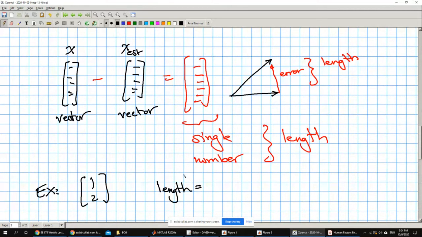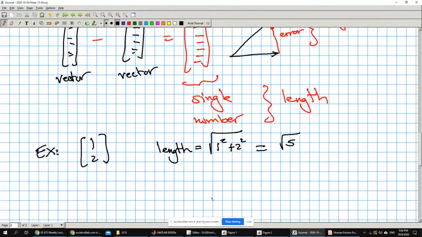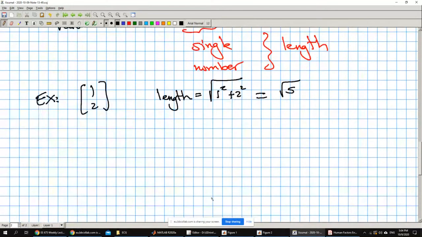Yeah, the Pythagorean equation, right? It's just 1 squared plus 2 squared, and it's going to come out as the square root of 5, right? This is what you're used to. We have been doing that, at least in geometry, for a while. Basically, this is the most common one used, actually.